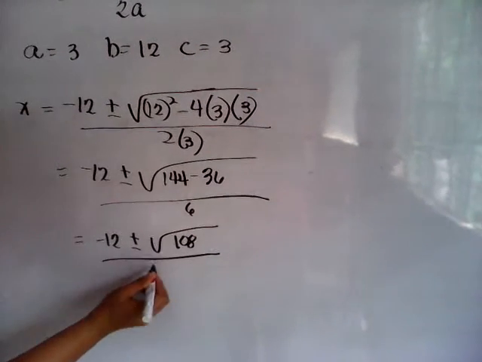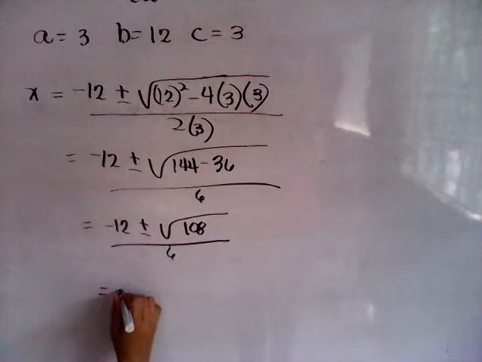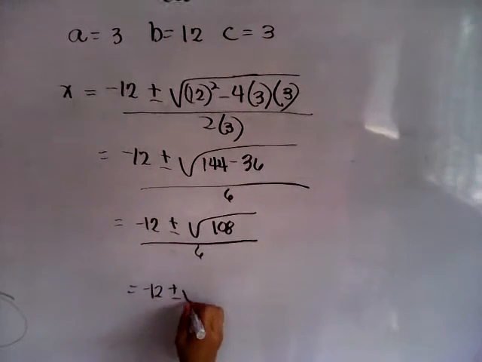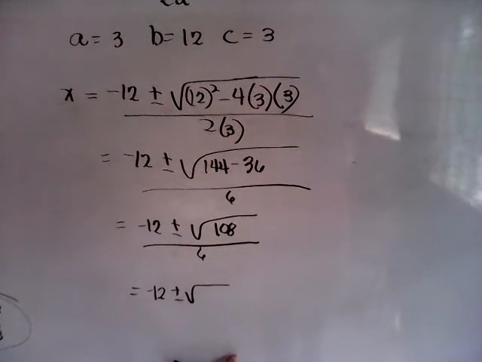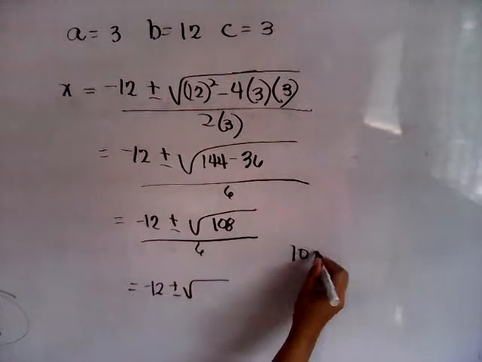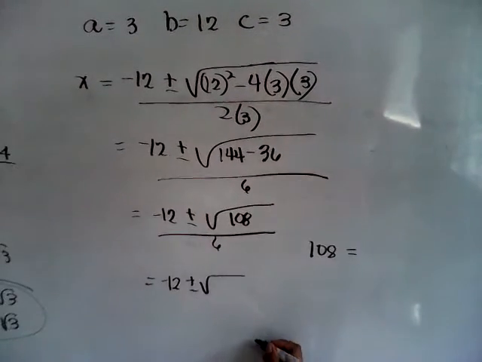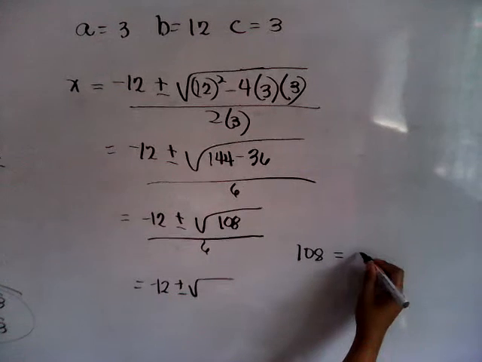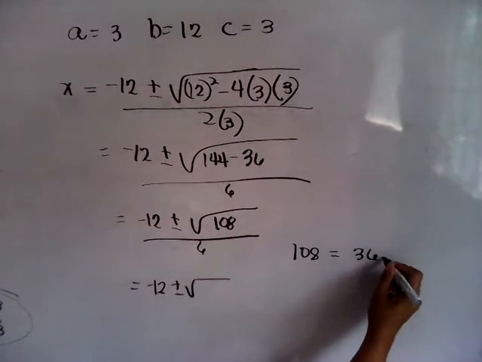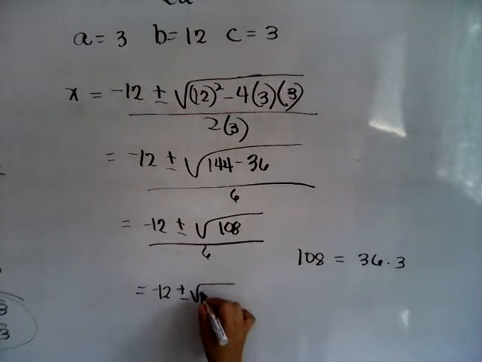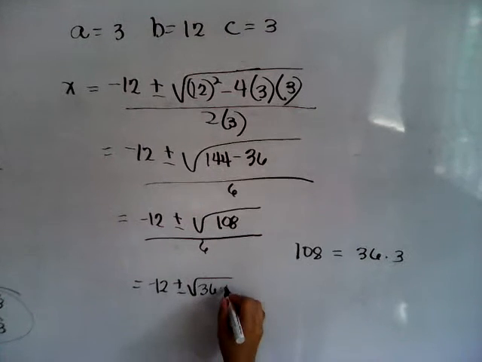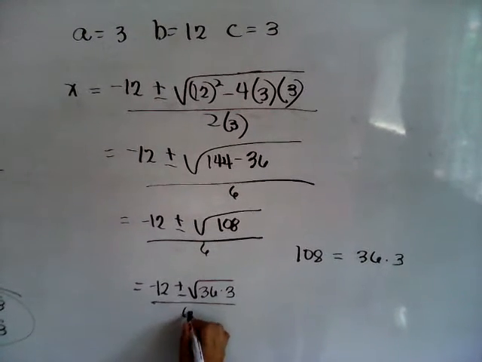Negative 12 plus or minus the square root of 144 minus 36, which is 108, over 6. Now we need to get the factors of 108, wherein one factor is a perfect square. The factors of 108 are 36 and 3. Therefore, we have 36 times 3 over 6.